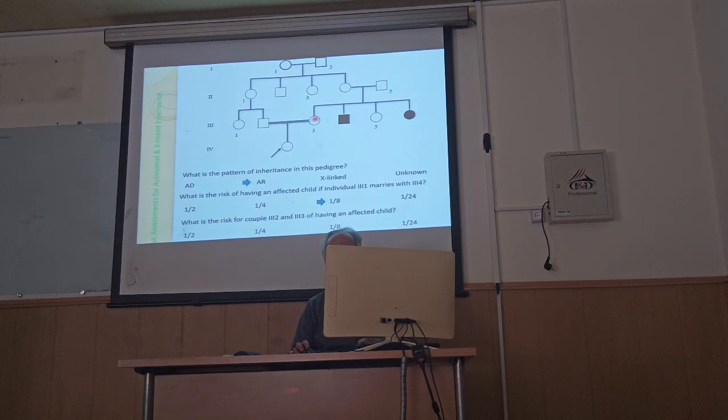1 by 8, 1 by 4. How? Why? Because it has to be 1 by 4 for 3-2, and for 3-3 it should be 1 by 2. Why 1 by 2? Because it's 1 step away from the sibling which is affected.